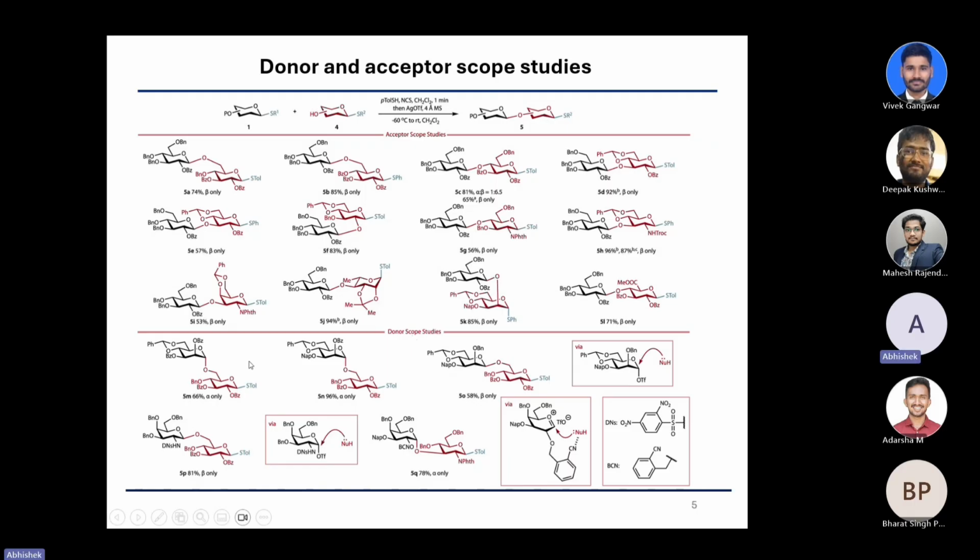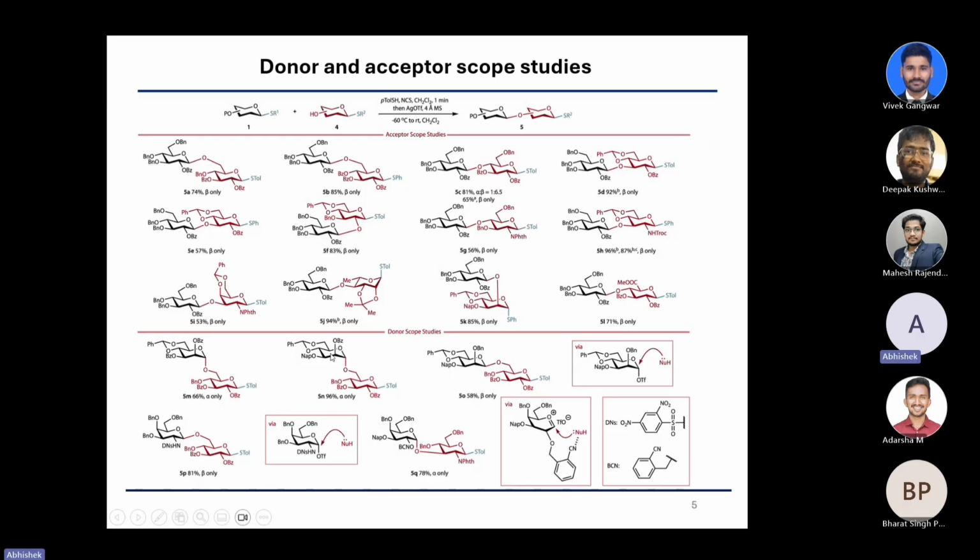And in the donor scope studies, if you look at 5N, 5N, and 5O, in the 5N cases selectively the alpha product is formed. As usual, because of the C2 group, alpha is going to form.